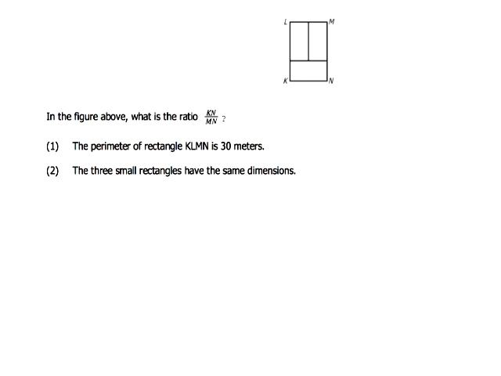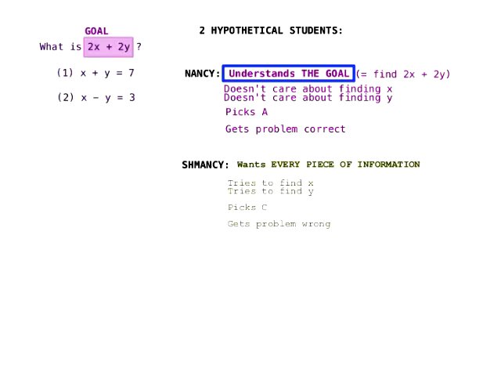Now look at this. Consider this question. Remember, be Nancy, don't be Schmancy. Also consider, if you are Schmancy in this problem, think about when Schmancy gets this problem wrong.